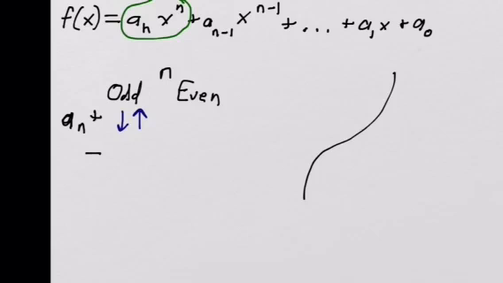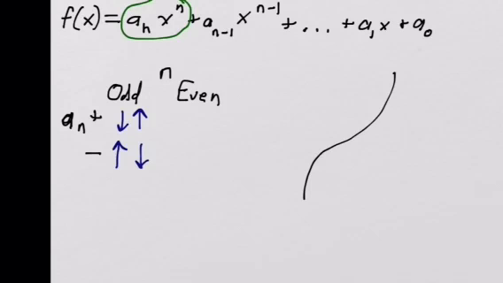Now, if that was negative, remember with our transformations, if we multiply something by a negative number on the outside of what we're doing, we flip it upside down. So that's going to result in a function that goes up to the left and down to the right.